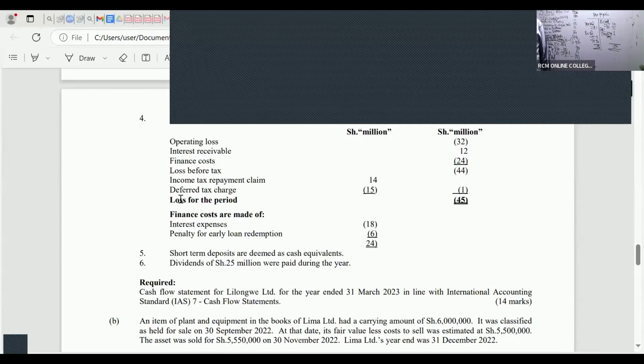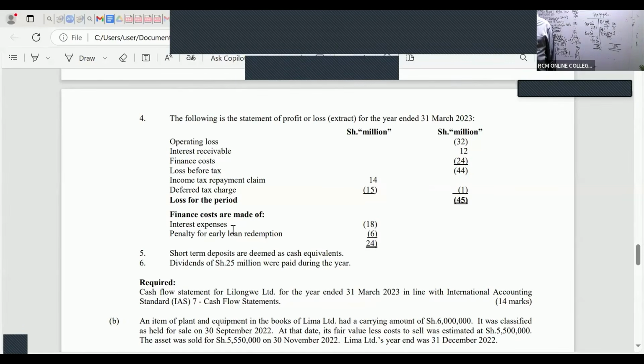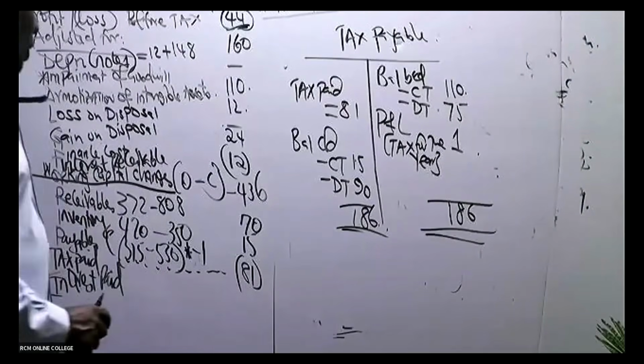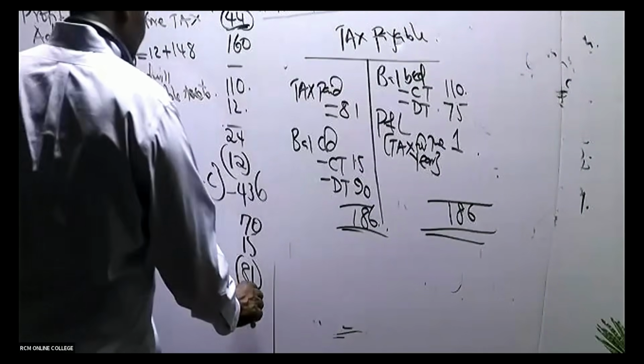You can see the finance cost they're telling us here. The finance costs are made up of interest and penalty for early loan redemption. Of course we are concerned with interest. So the interest that we paid here is exactly 18.